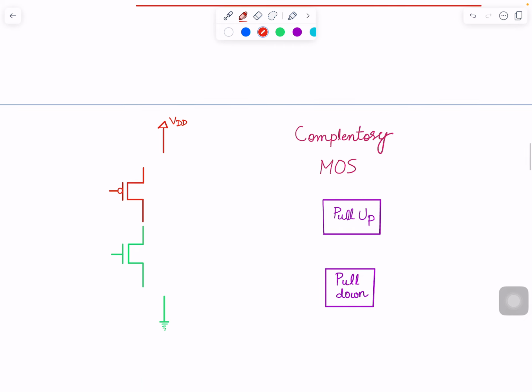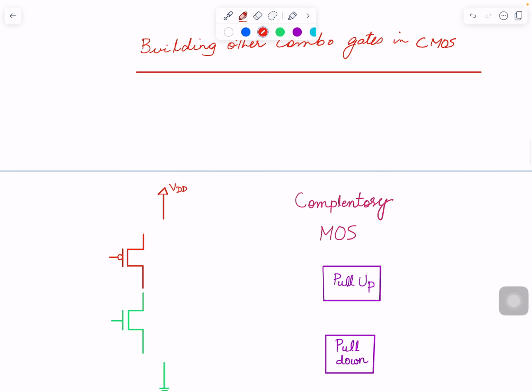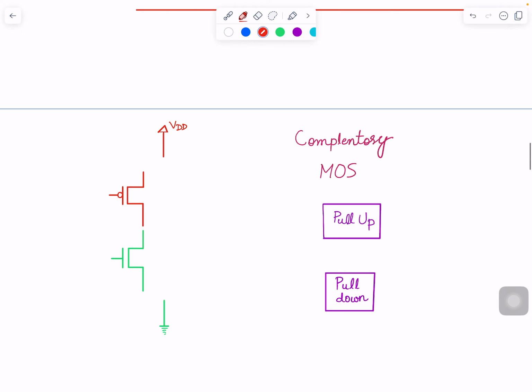So the first thing to look at is CMOS. It's a complementary metal oxide semiconductor. The two important pieces it has are, as we talked so far, pull down and pull up.